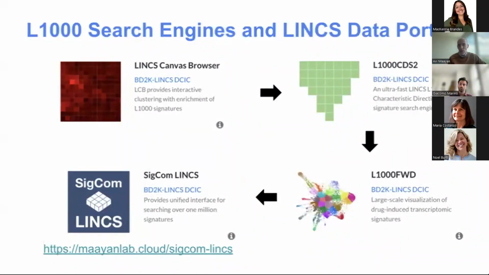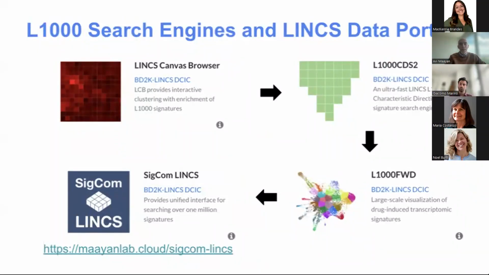You come into those search engines with your data of, let's say, up and down genes, and then you get a ranked list of mimickers and reversers. And the most current app that we have for doing that is called SigCom LINCS. It was published 2 years ago.